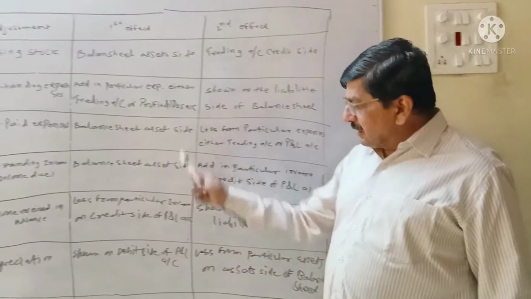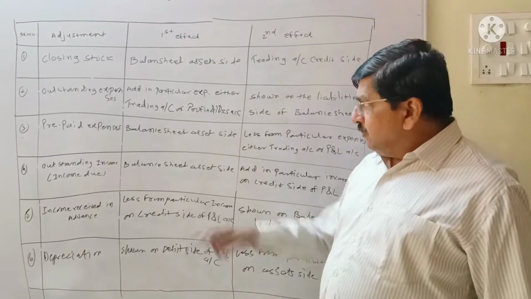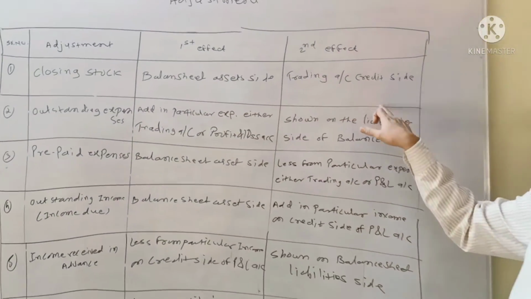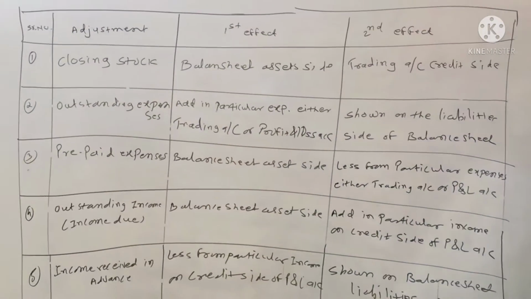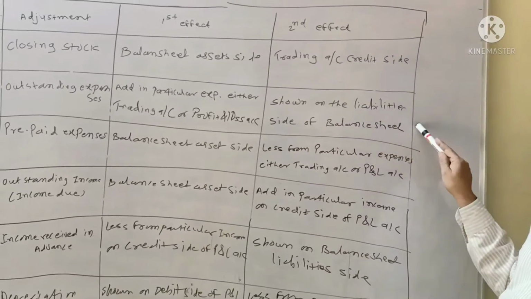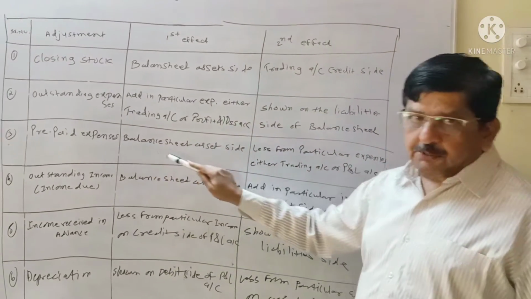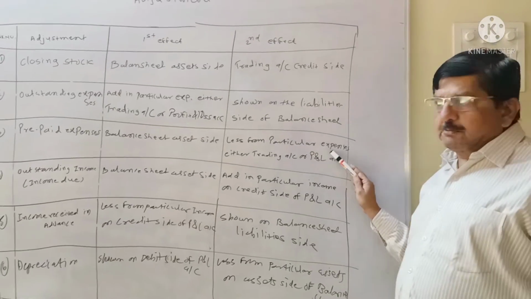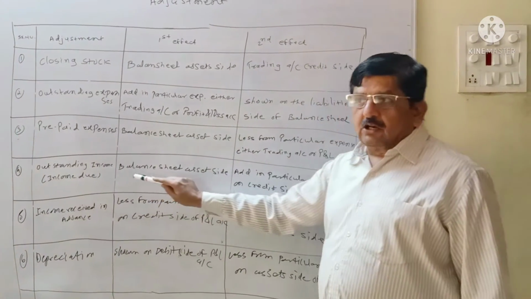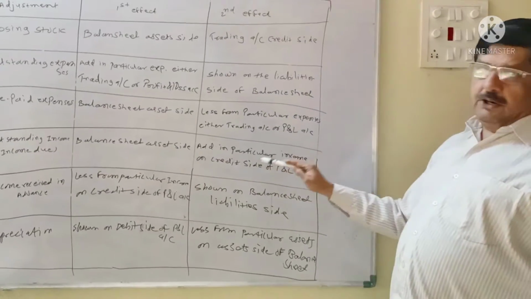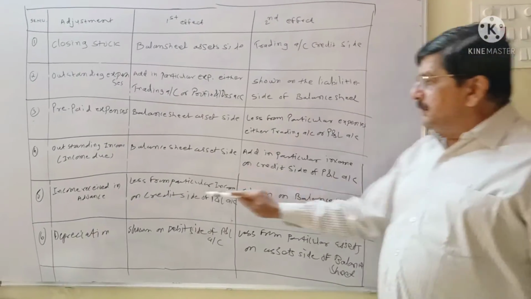So these are the 6 adjustments. First adjustment, closing stock: balance sheet asset, trading account credit side. Outstanding expenses: add to the particular expense, show on the liability side. Prepaid expenses: show on the balance sheet asset side, deduct from the particular expense. Outstanding income: show on the balance sheet asset side, add to the particular income on the credit side of P&L.